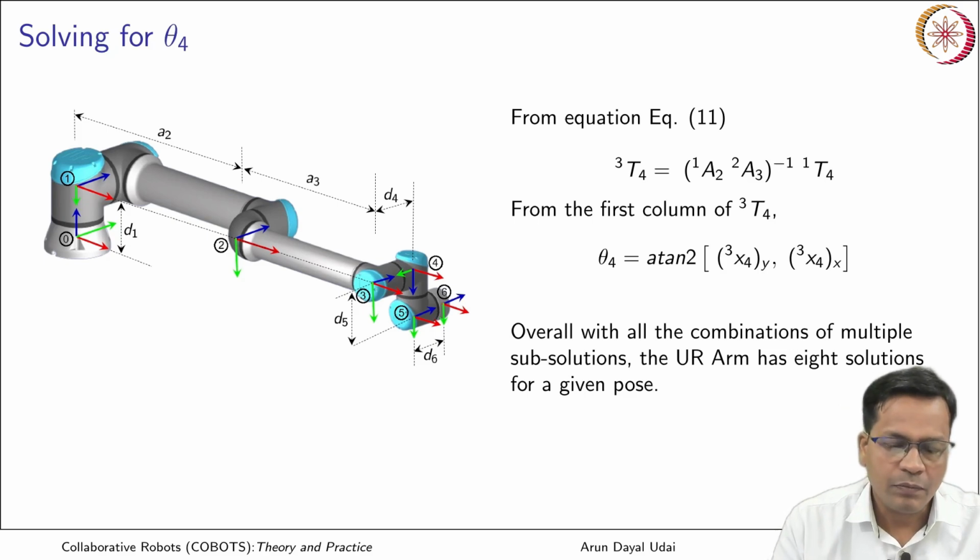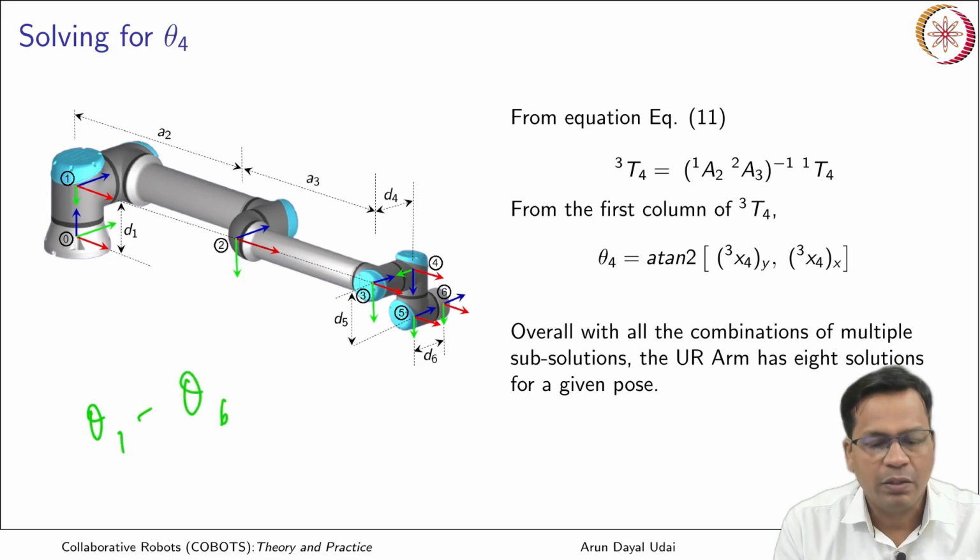So with that I have obtained all the joint angles theta 1 to theta 6 for your arm. There are many other similar arms, not just UR, with variants on this architecture. For all of them you can use the same technique and find out the inverse kinematics.